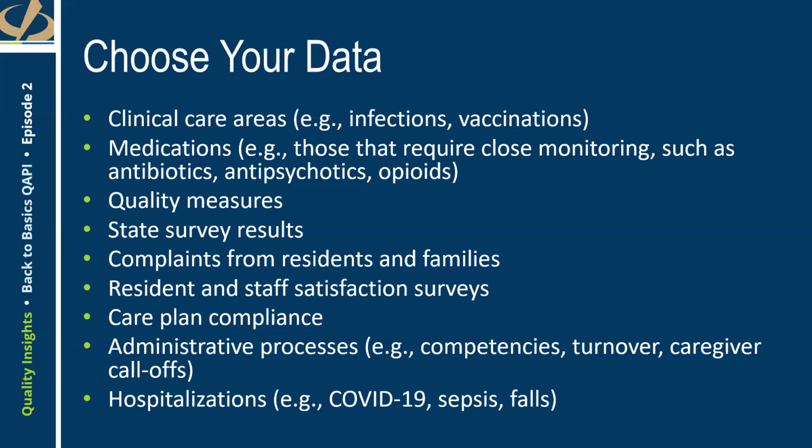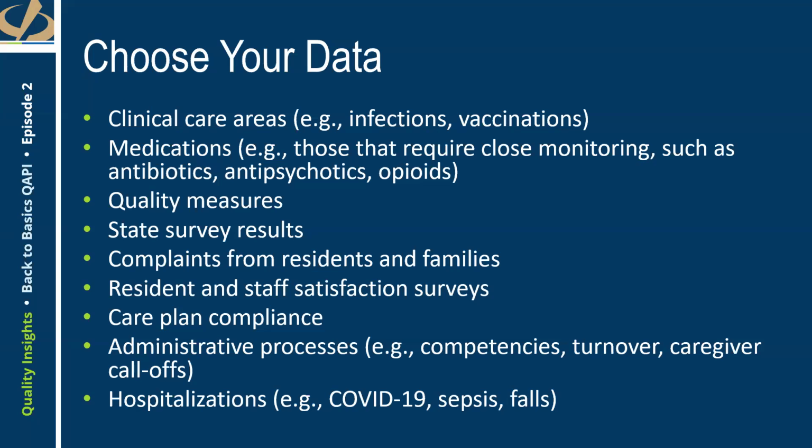An effective QAPI program thrives on using a wide range of data sources. The possibilities are nearly endless. Everything from tracking monthly respiratory infections to noticing patterns like bingo games being better attended after tomato soup is served for lunch can contribute to understanding the larger picture.